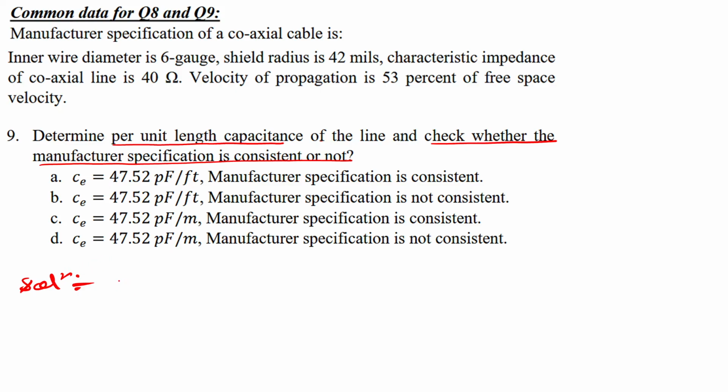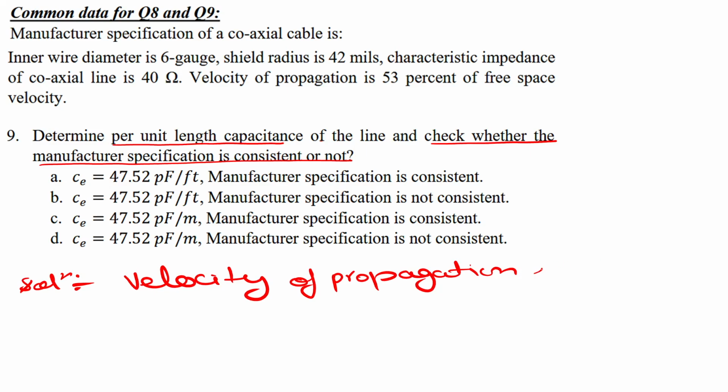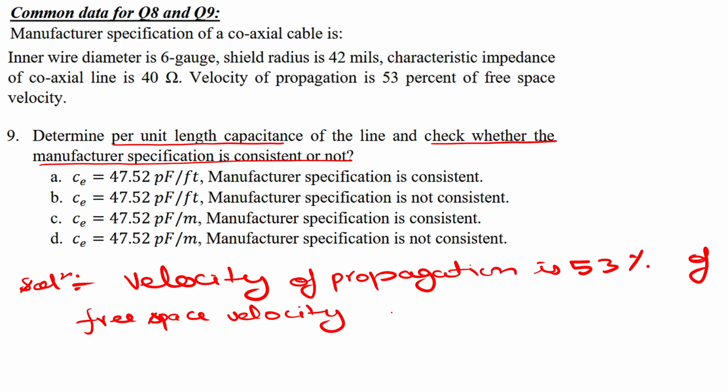In the problem, the velocity of propagation is given as 53% of free space velocity. What this means is V is 0.53 times c. This is the velocity at which the wave inside the coaxial cable is traveling.